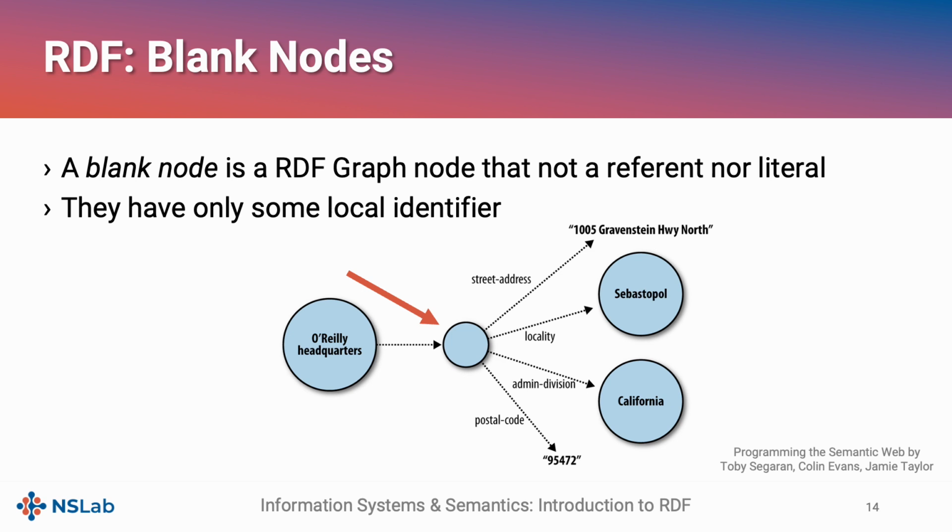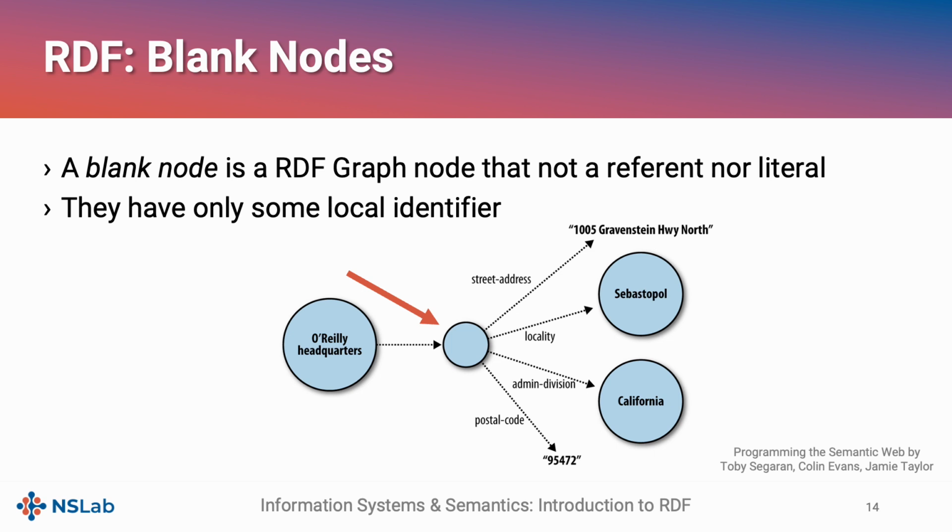And in this example, we can clearly see what it can be. So for example, here we have O'Reilly headquarters residing at some address. And the address is composed of different parts. So for example, some city, some state, some postal code, and some street address.